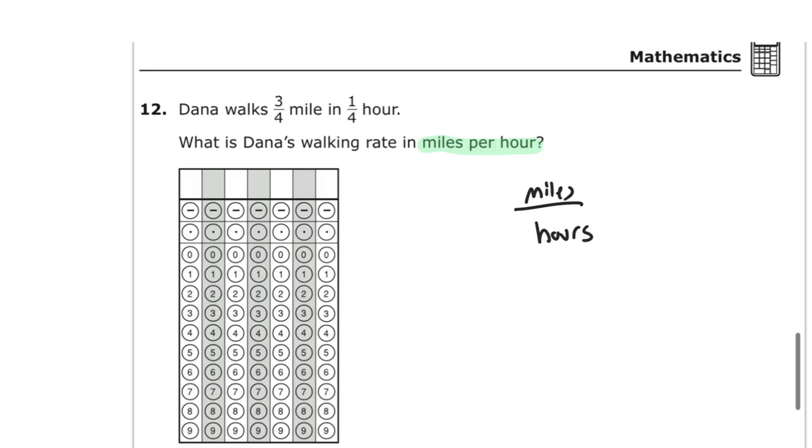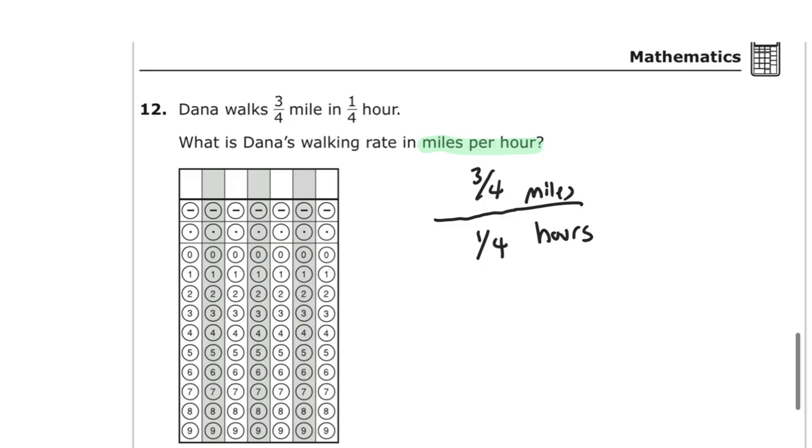Okay. Now, that is kind of helpful framing because we could sort of immediately just say, okay, well, for every 3/4 miles, you're going to have 1/4 hours. You can just kind of immediately take advantage of this relationship that they're already telling us is true by saying, oh, this goes with that.